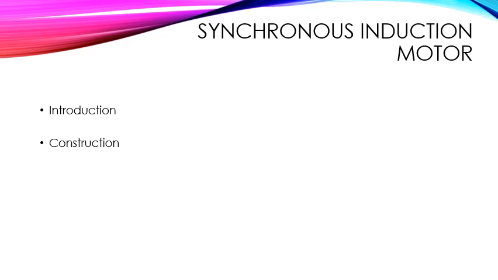Now the working principle. For the synchronous mode of operation, it is necessary to supply the rotor winding with direct current, as we have seen in the alternator. In the same way, for the synchronous mode of operation of the synchronous induction motor, it is necessary to supply the rotor winding with direct current.